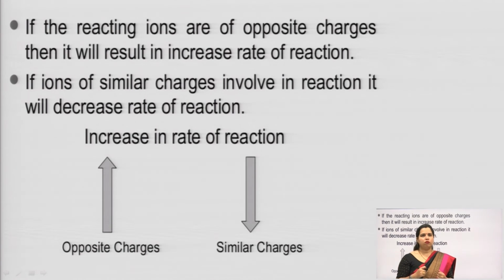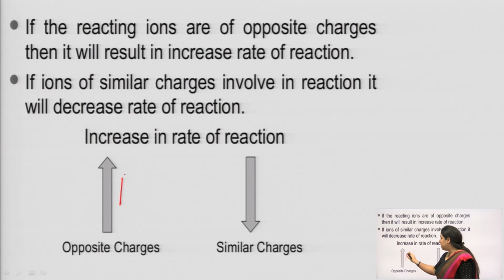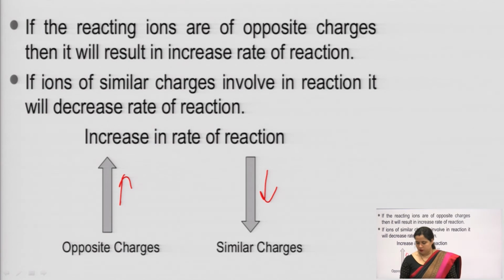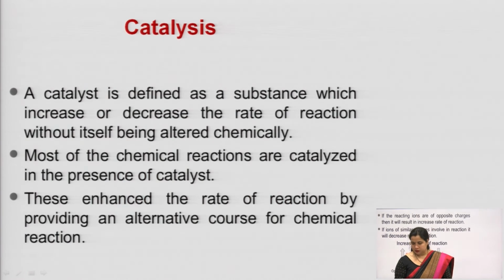So, opposite charges have a directly proportional relationship with the rate of reaction, that is why it is an upward direction, and similar charges will give a lesser rate of reaction, or influence in an inverse manner.